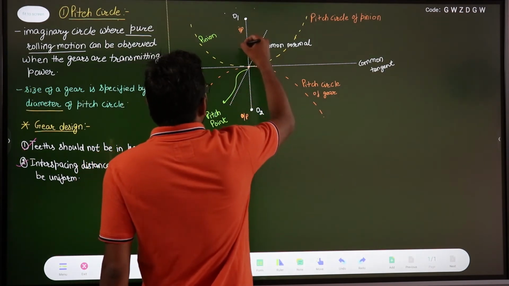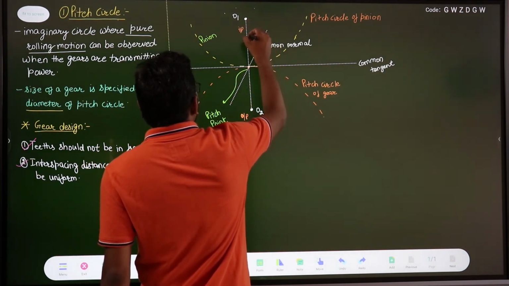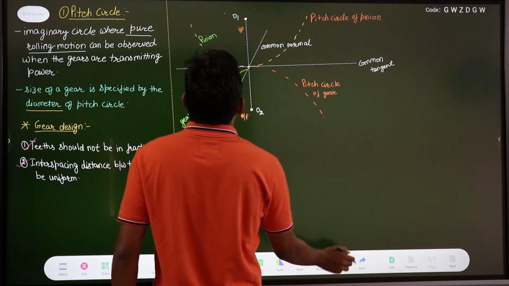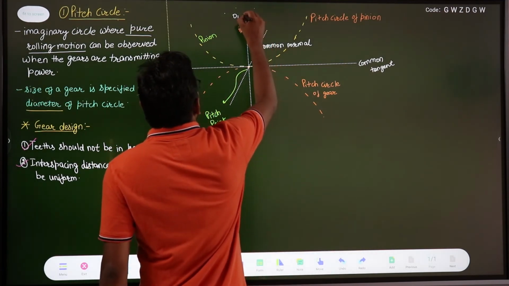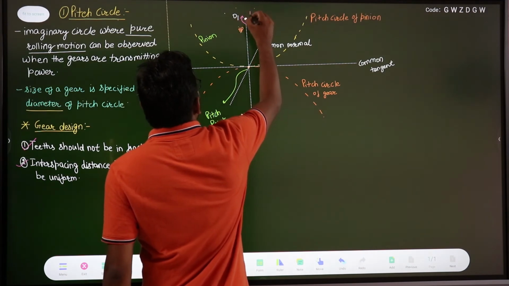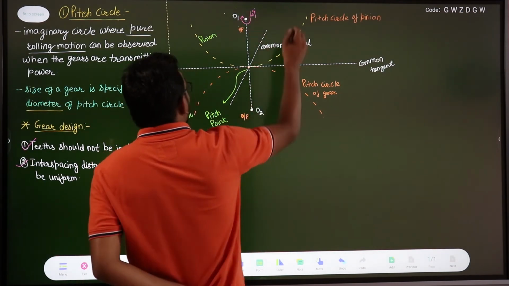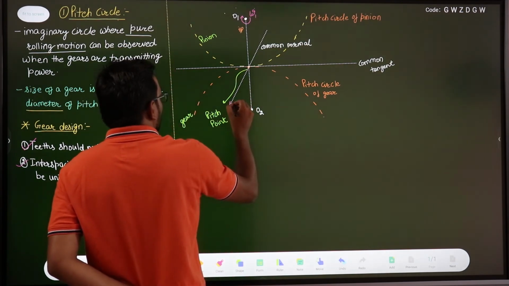Let us say this pinion is rotating in this direction with some angular velocity, omega 1. This will exert a force on this gear along this common normal.